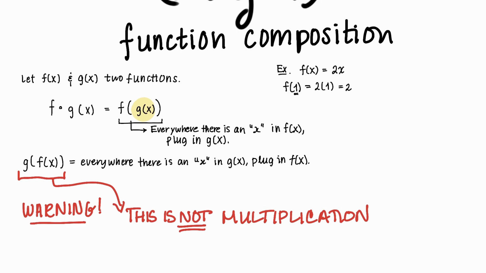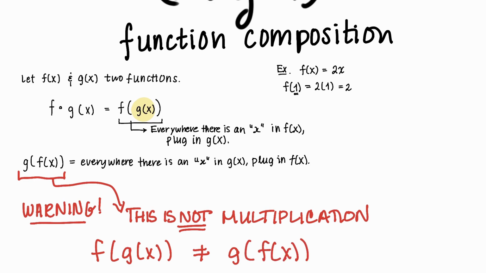Also, we need to be really careful because a lot of the time, f of g of x will not necessarily be equal to g of f of x. Okay, so I think I'm done with the warnings here. And let's move on to problem 1.